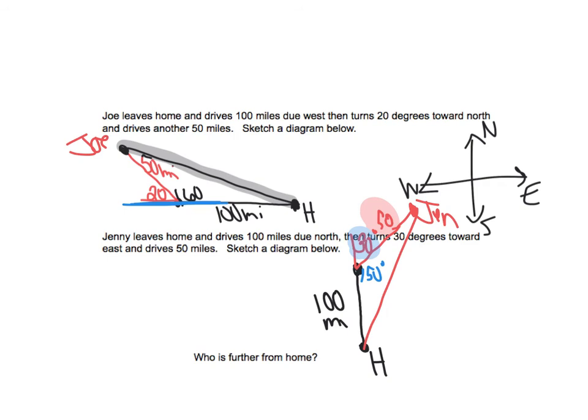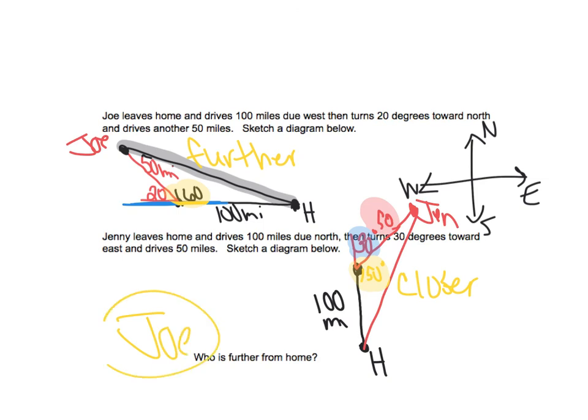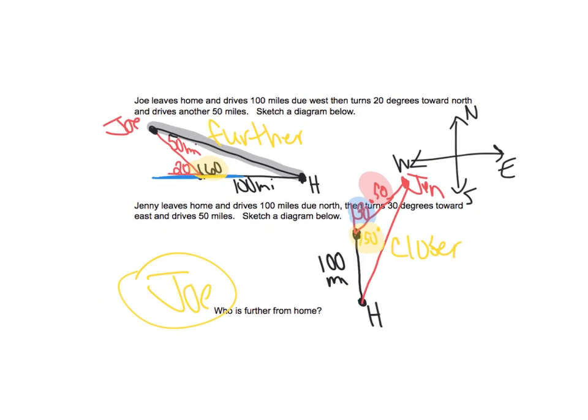I have 150 degrees that I'm comparing here, and 160 degrees that I'm comparing here. 150 degrees is less than 160, so Jenny's distance is going to be closer because the angle is smaller. This one is going to be further because the angle is larger. So who is further from home? Joe is further from home because the angle he was traveling at away from home was larger.